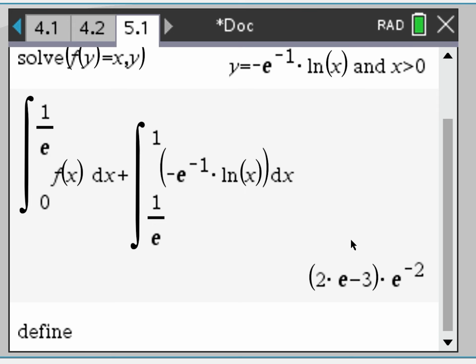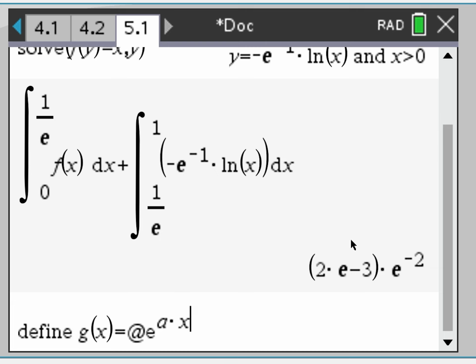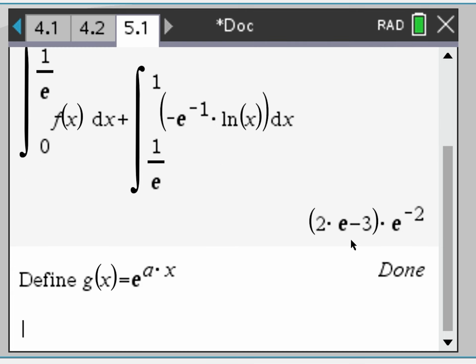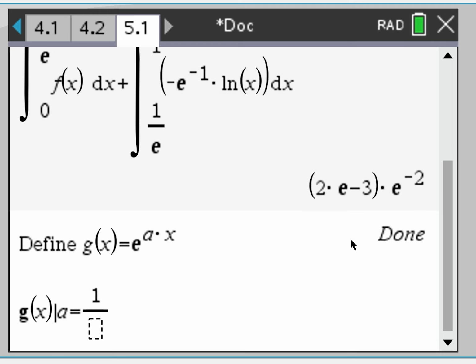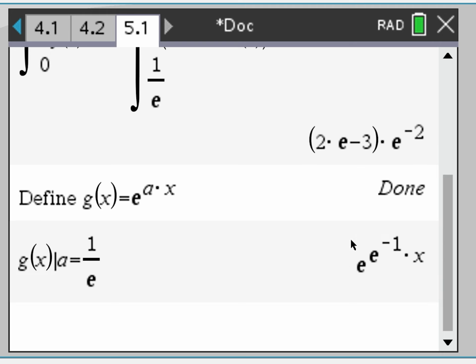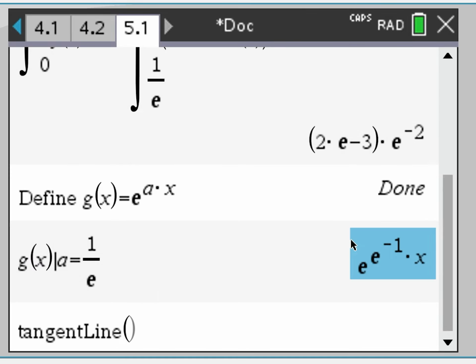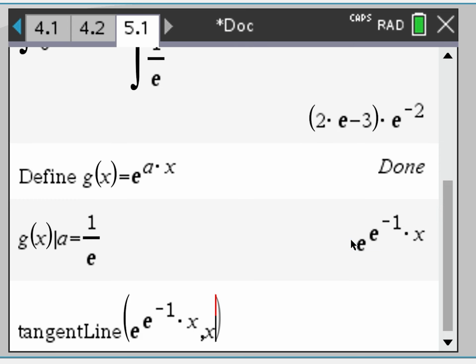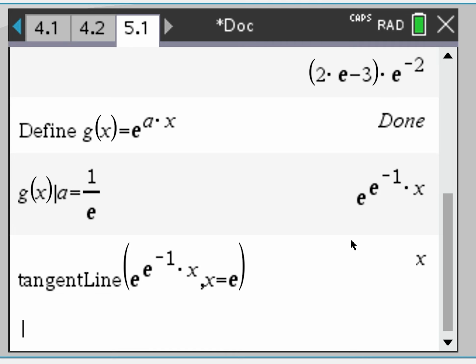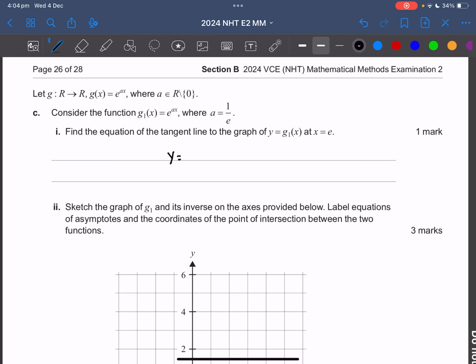So define g of x equals e to the power of a times x, and for g1 of x we have a equals 1 on e. Now we have to find the tangent of this graph at x equals e, so menu 9, tangent, x equals e. So y equals x.